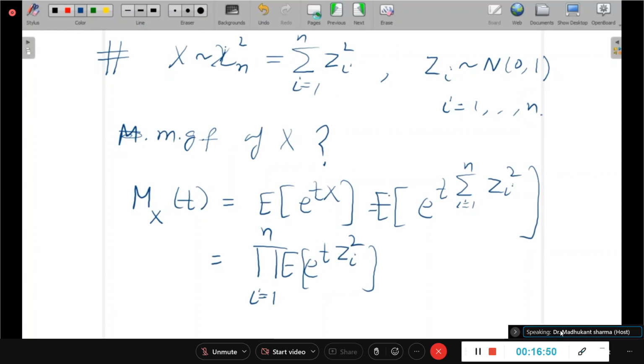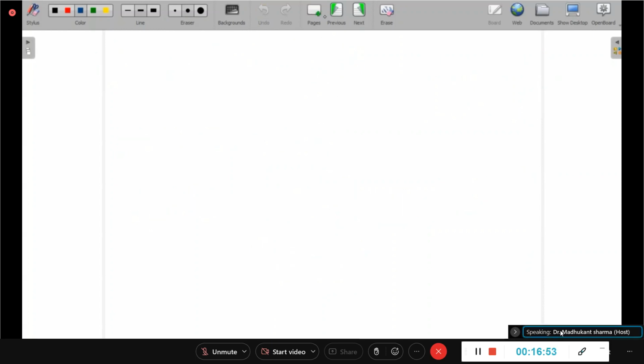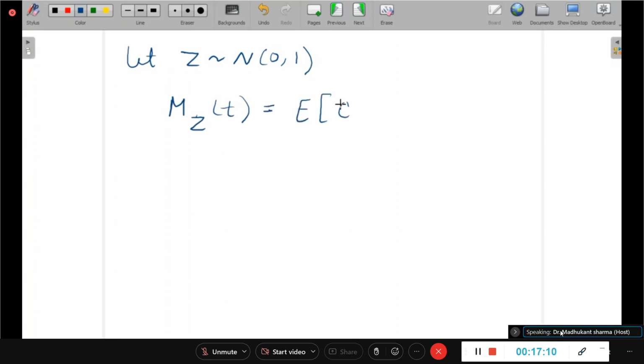I'm going to take the particular case. Let Z follow the normal distribution with mean 0 and variance 1. Then I will look at its MGF, M of t. Let's say Y equals Z square. I'm interested in the MGF of t, so the expectation of e to the power tY, which equals the expectation of e to the power tZ square.